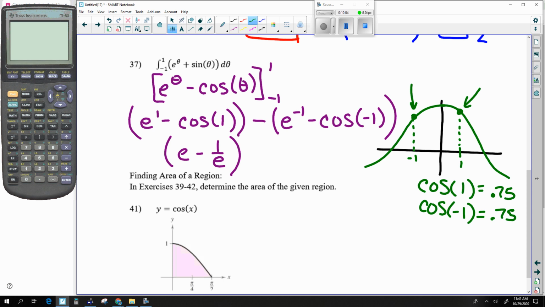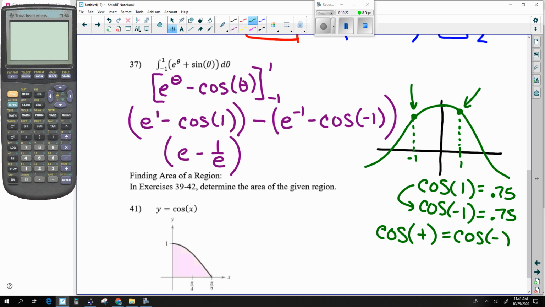And so in essence, what we're saying is this: the cosine of a positive value is equal to the cosine of the negative value. So I'm saying cosine 1 is equal to cosine negative 1.